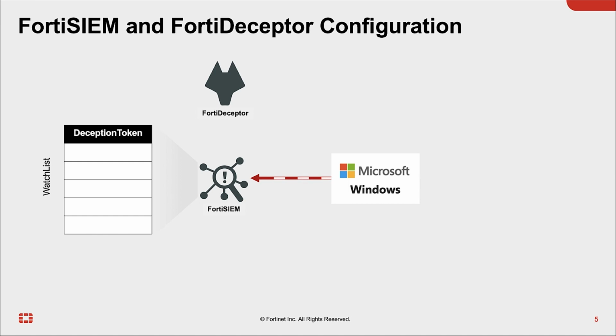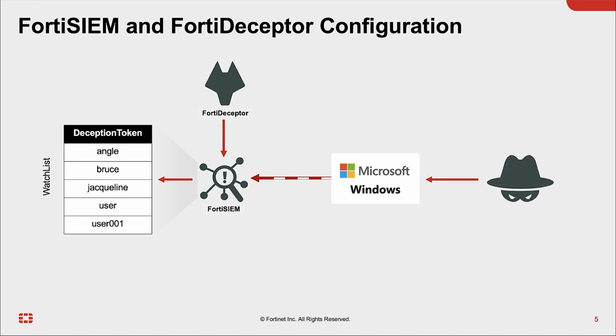We have a watchlist configured that FortiDeceptor is also going to integrate with on FortiSIEM. Once we've got the environment configured, FortiDeceptor will start to push the tokens, the users that FortiSIEM will be looking for, into this watchlist. So this is populated automatically by FortiDeceptor.